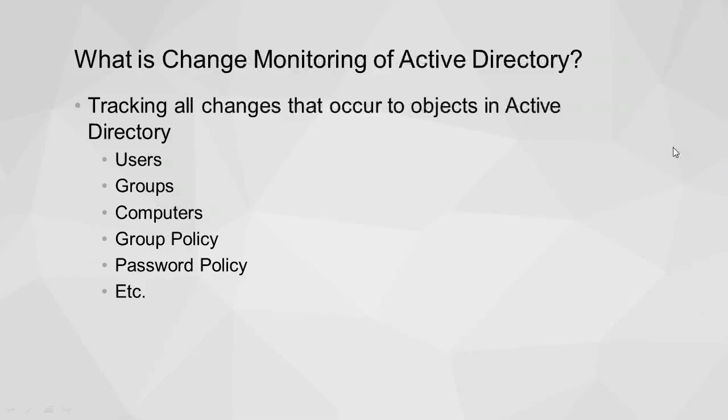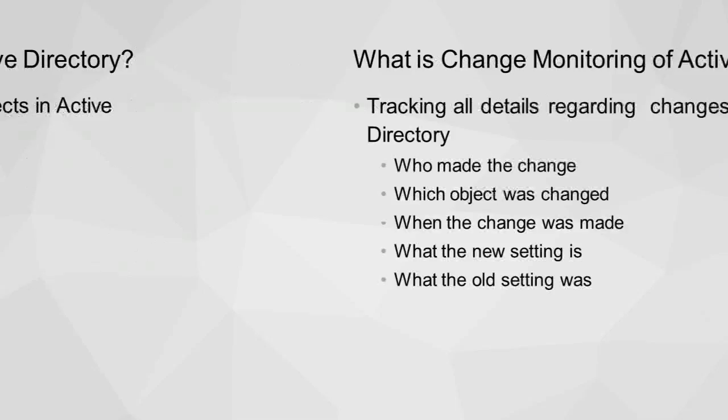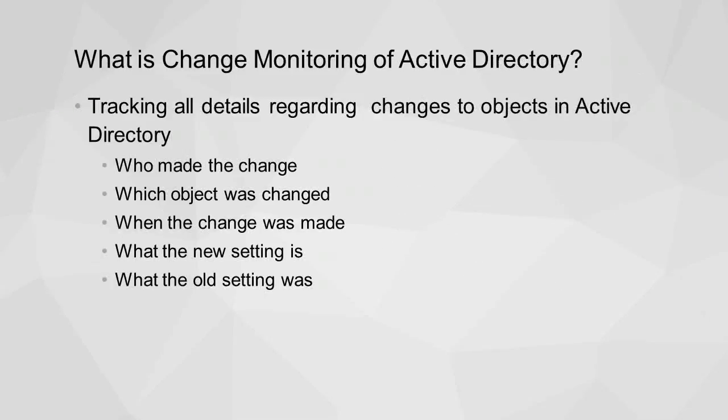So really, when it comes to the idea of tracking changes, we need to make sure we track everything. Not only do we want to track everything, we want to track the details of the changes that occurred.